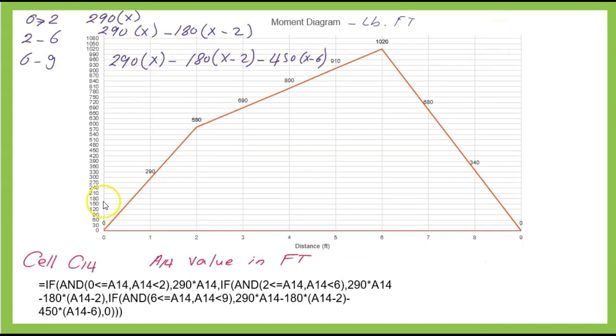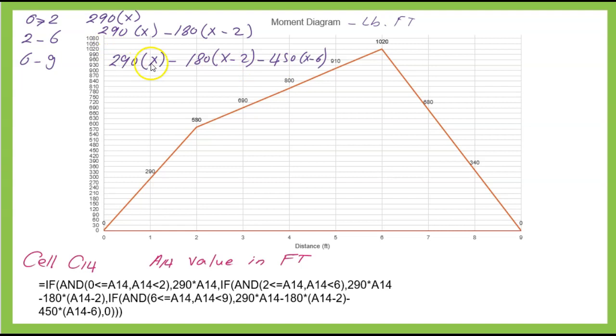In the last slide, the moment function is M of x equals 290 multiplied by x minus 0 raised to the power of 1, minus 180 multiplied by x minus 2 raised to the power of 1, minus 450 by x minus 6 raised to the power of 1, plus 340 multiplied by x minus 9 raised to the power of 1.